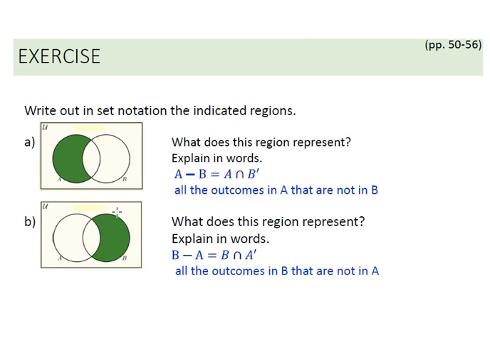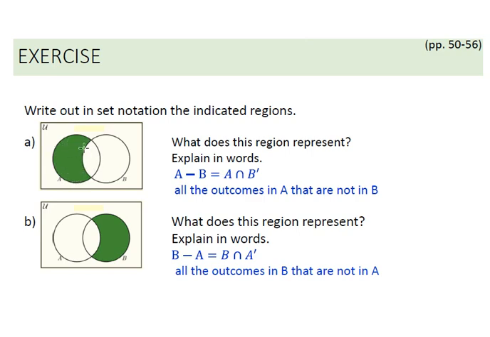Okay. These regions is A minus B, or the intersection of A and B prime. All the outcomes in A that are not in B. It's obvious.